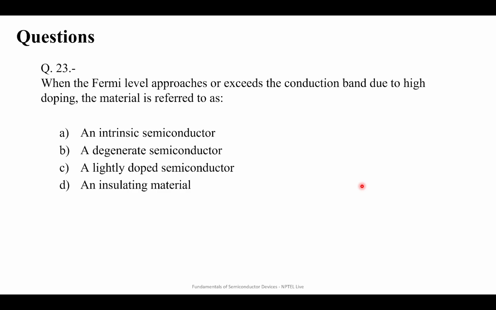When the Fermi level approaches or exceeds the conduction band due to high doping, the material is referred to as an intrinsic semiconductor, a degenerate semiconductor, a lightly doped semiconductor, an insulating semiconductor.